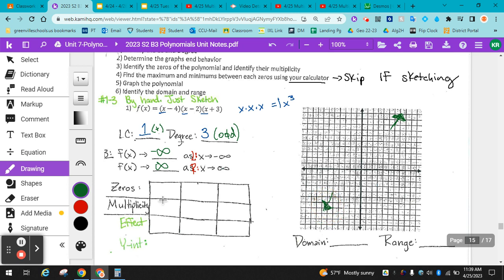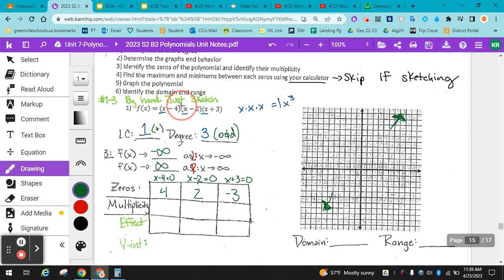Okay, my zeros: set each of these equal to 0 and solve. So x minus 4 equals 0, x minus 2 equals 0, and x plus 3 equals 0. So I get 4, 2, and negative 3.